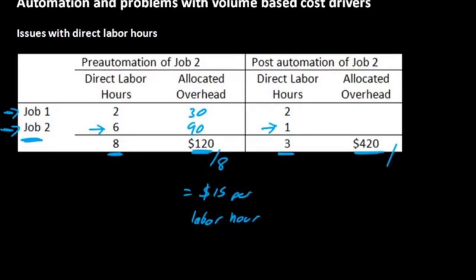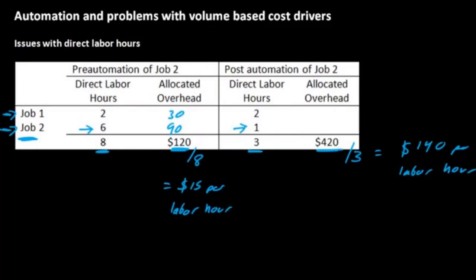If we decided to still allocate based on direct labor hours, we'd get some really strange allocations. So we take this 420 and divide it by 3 labor hours now, and you get 140 per labor hour. For job 1, we'd allocate 2 times 140, which is 280. And for job 2, we would allocate 1 times 140, which is 140 again.